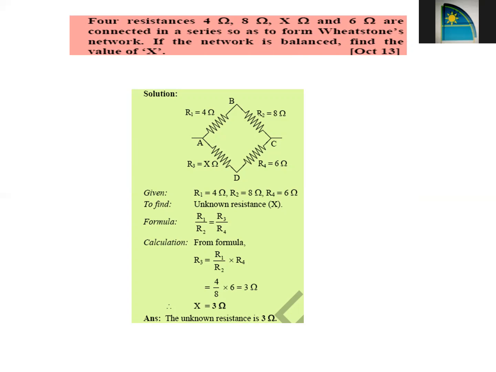In this case, if you put any galvanometer along the side BD, as you can see in the diagram very clearly, if there is any galvanometer through the points B and D, it will show zero deflection. That is the principle and working of the Wheatstone bridge. It works on the principle of the balanced bridge.